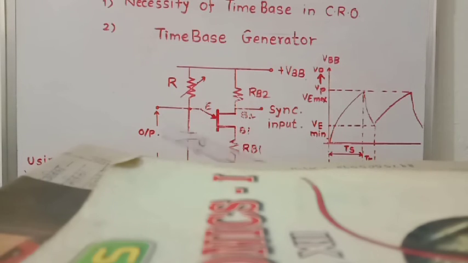Whenever the input voltage VE is less than eta VBB, the UJT remains off, and when it increases above eta VBB, the emitter base 1 junction is forward biased, and the capacitor gets a low resistance path and discharges through the emitter base 1 junction of the UJT.